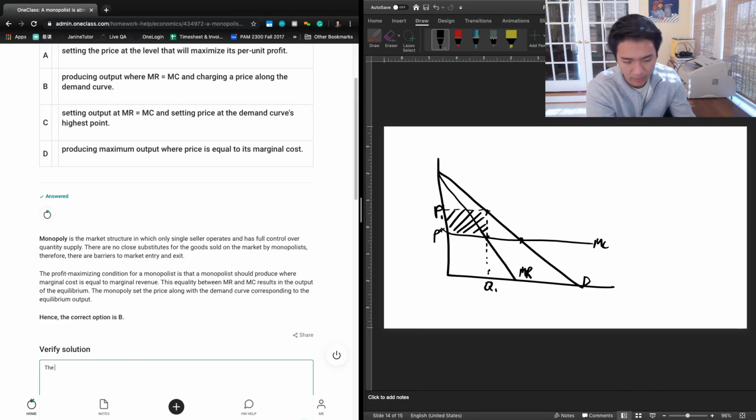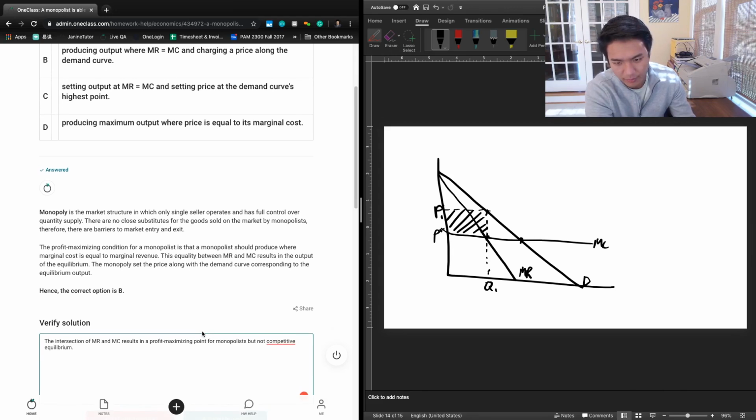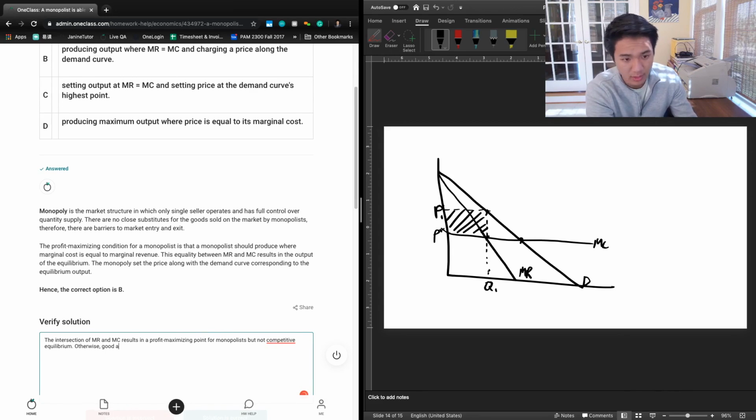The intersection of MR, marginal revenue, and marginal cost results in a profit maximizing point for monopolists, but not competitive equilibrium. Otherwise, good answer.